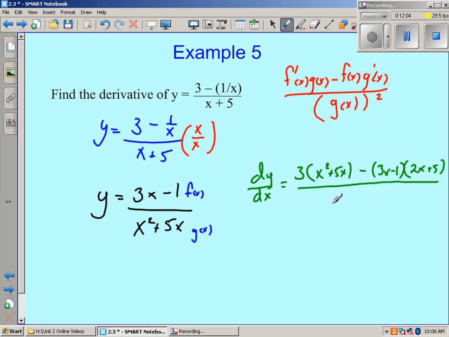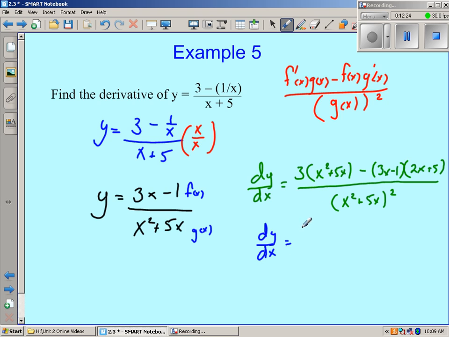So now I have this thing all multiplied out, and it looks like a big mess, which it kind of is, but I have to distribute and simplify this, and so that's what I'm going to do. And so dy/dx will give me, if I multiply both of these guys by 3, I get 3x squared plus 15x.